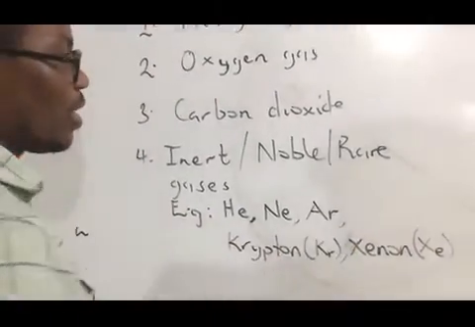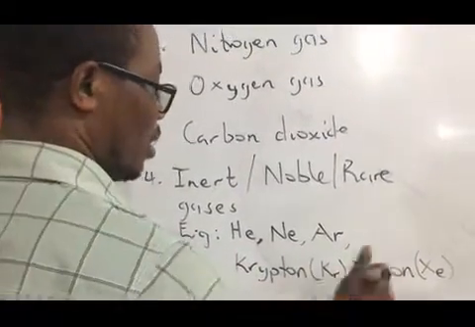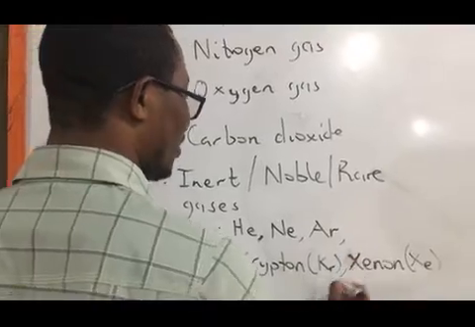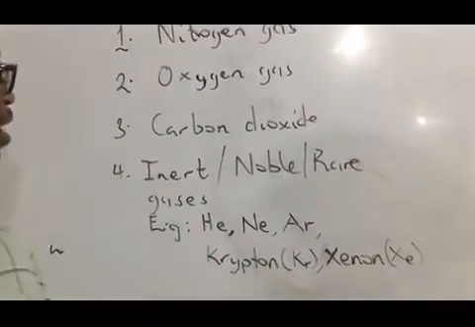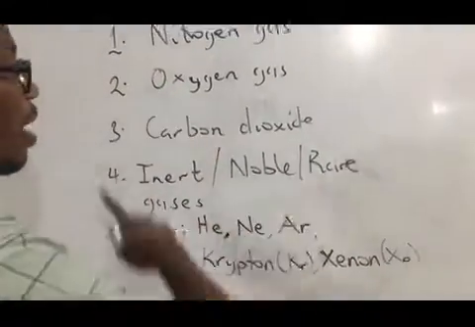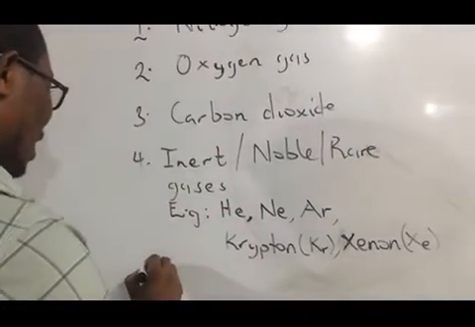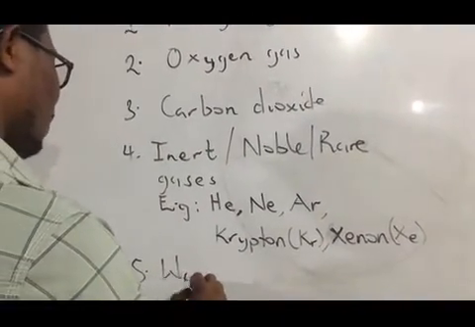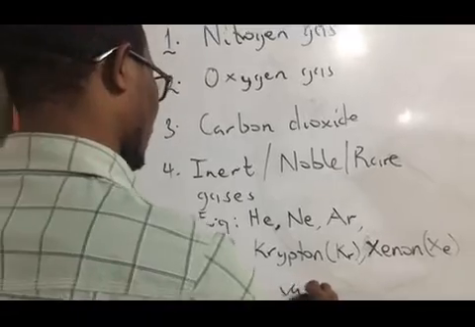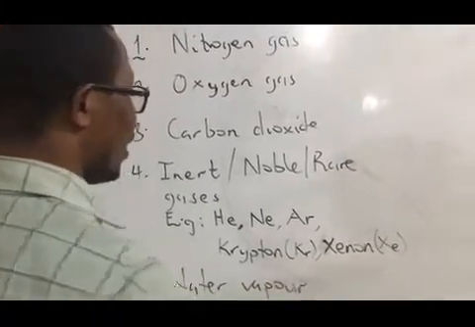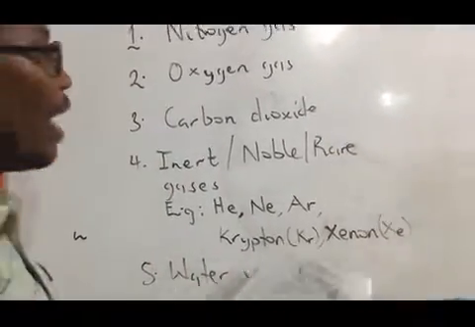These three are part of the first 20 elements, but these ones are not part of the first 20 elements, but they also fall under inert gases. They fall under group 8 elements. And then we also have water vapor. Okay, so these are the components of air.